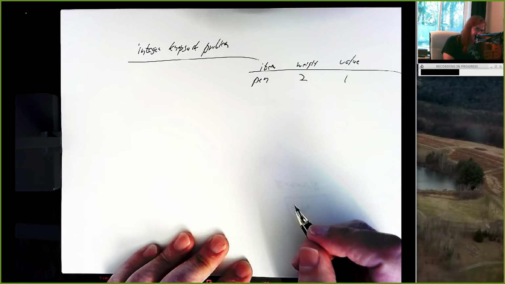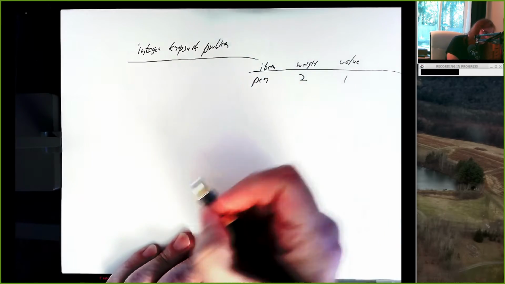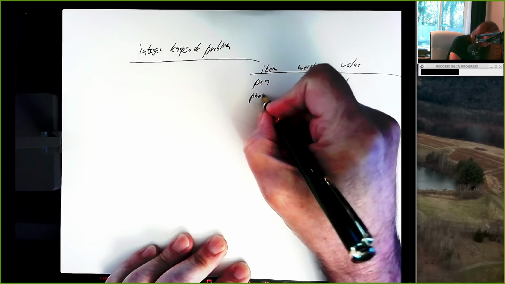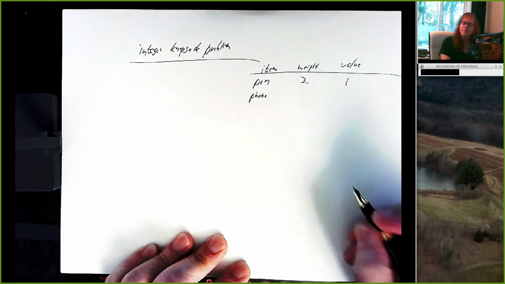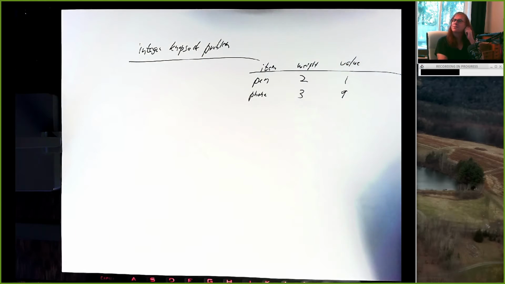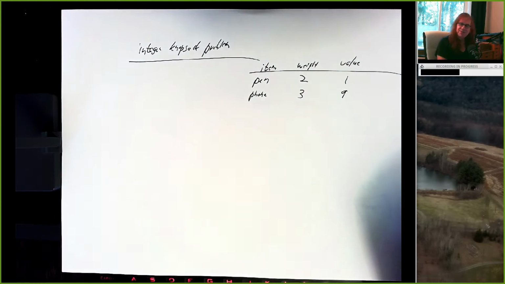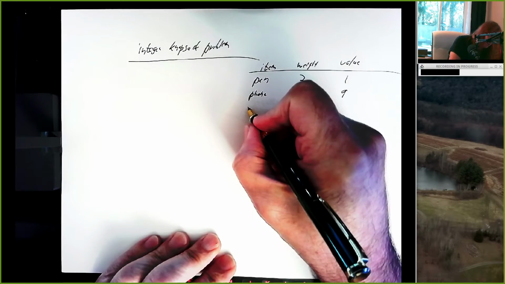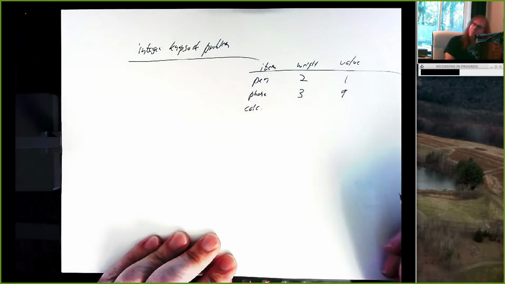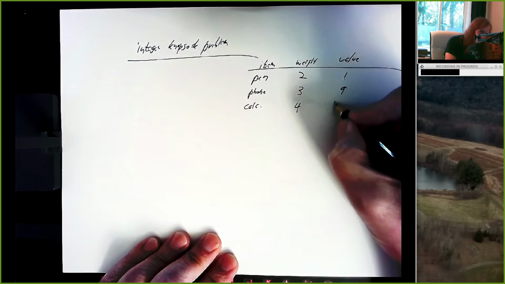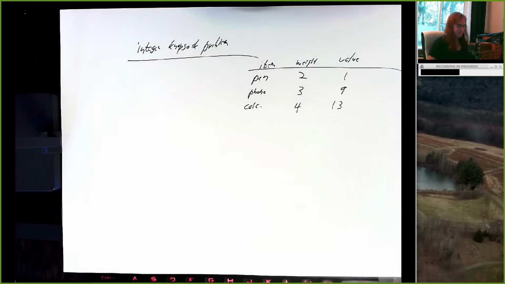The next item is a phone, and it weighs 3 pounds, and it's worth $9. We're in some weird semi-parallel universe where the economy is really strange. The third item is a calculator, and that weighs 4 pounds, and it's worth $13.